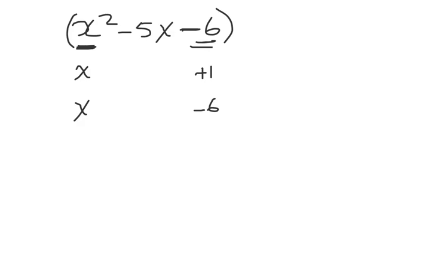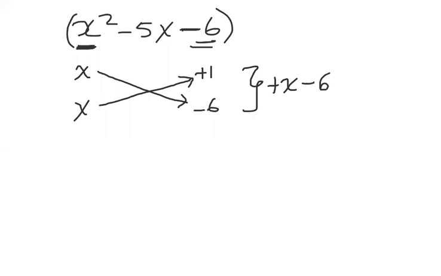We also need to check that when we cross multiply, x times plus 1 gives plus x, and x times minus 6 gives minus 6x. The result of this operation should give us the coefficient of x in the expression. In this case, plus x minus 6x is minus 5x.